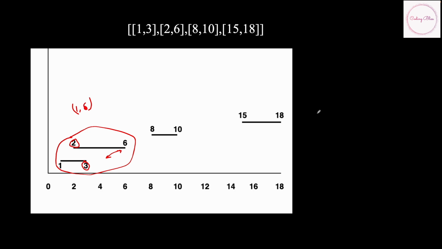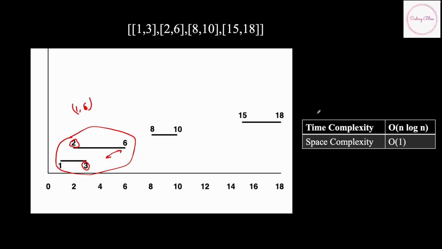I hope this is clear. It will be much clearer when we go through the code. Since we needed to sort, the time complexity will be order of n log n. I will keep the space complexity as order of 1, assuming the output we are returning is not included. Now let's go through the code.